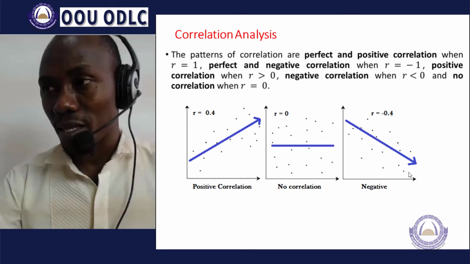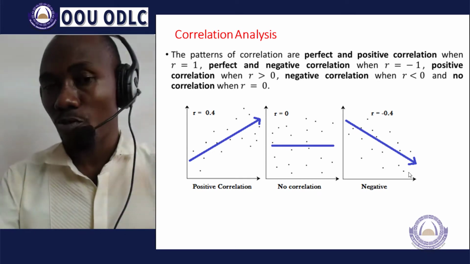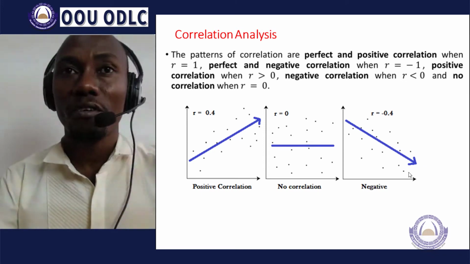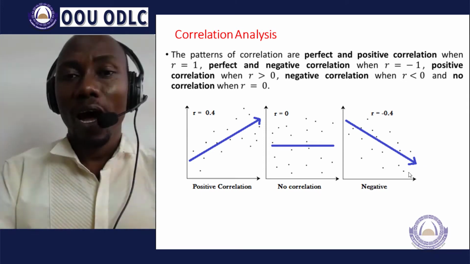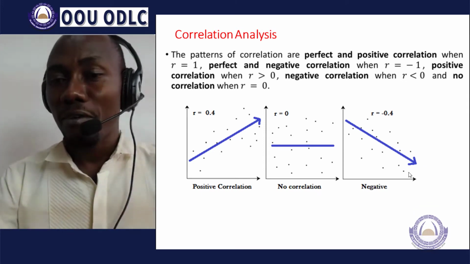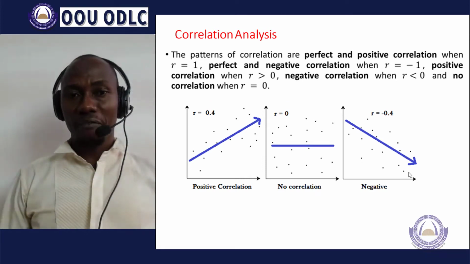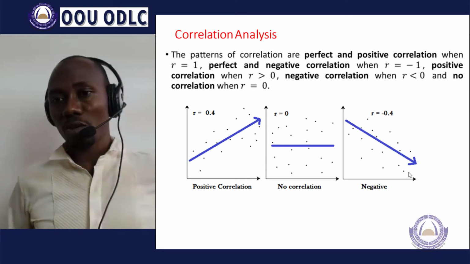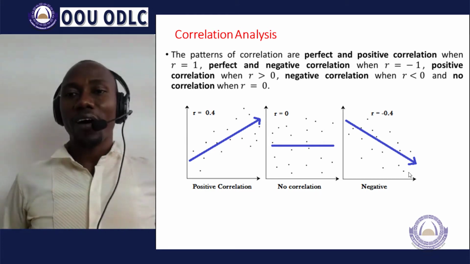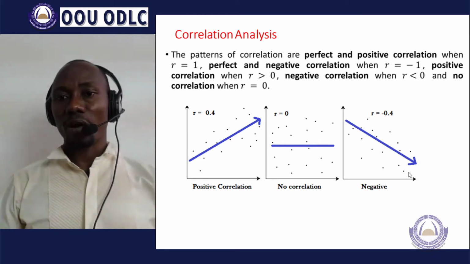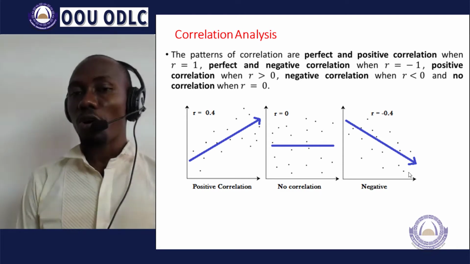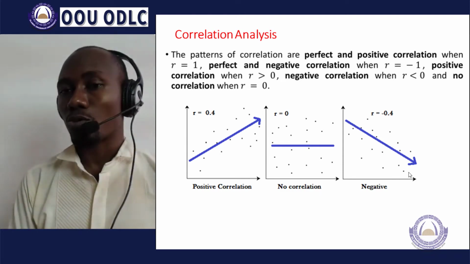That value 1 is the coefficient, the numerical representation of the correlation. However, if the value of R is -1, then we say we have a perfect and negative correlation coefficient. If the value of R is 0, then we say there exists no correlation between the two variables under consideration.